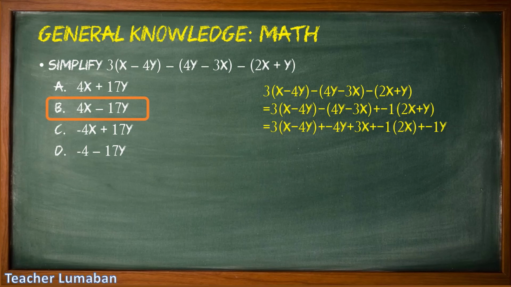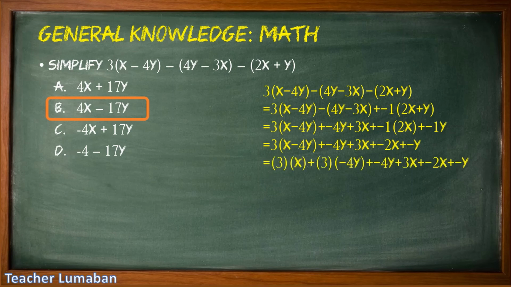Equals 3x minus 4y, plus negative 4y plus 3x plus negative 2x plus negative y. Distribute. Equals 3x, plus 3 times negative 4y, plus negative 4y plus 3x plus negative 2x plus negative y. Equals 3x plus negative 12y plus negative 4y plus 3x plus negative 2x plus negative y.